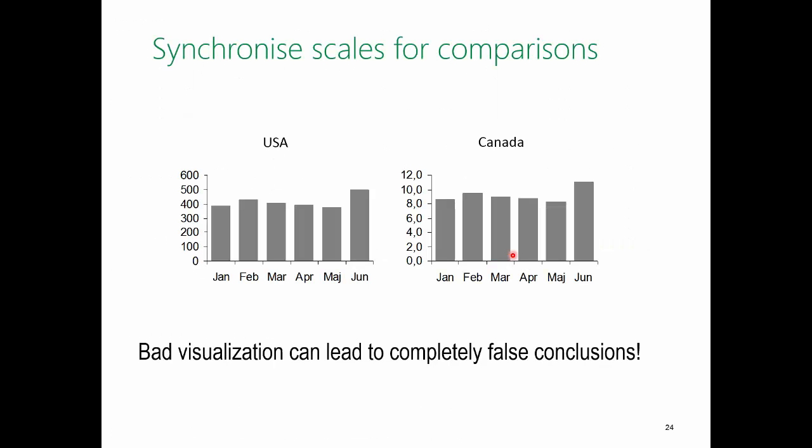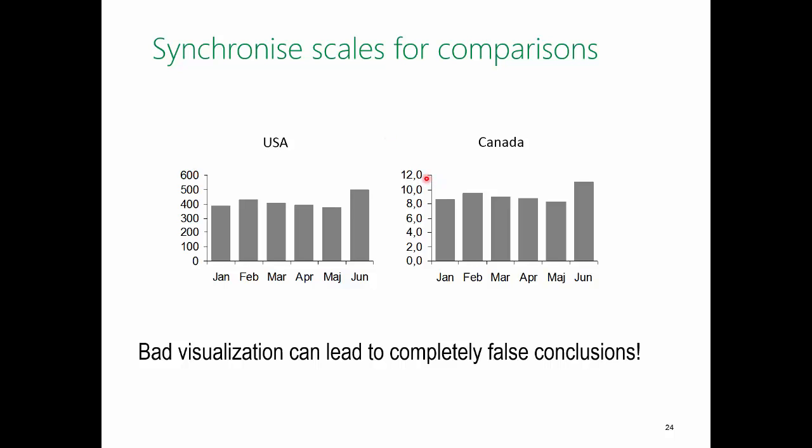Okay, in all these charts, when you're presenting more charts, which is called small multiples, of course the scales of the charts should be synchronized. For example, if you just take a quick look at those two charts, the visualization would say, okay, the sales in US and the sales in Canada are exactly the same, but that's of course not true, because we have 600 here and 12 here.